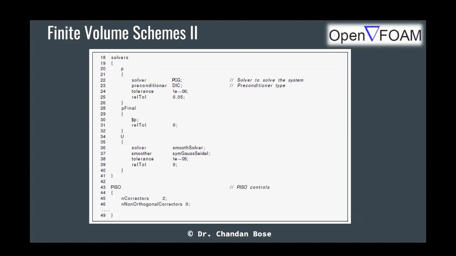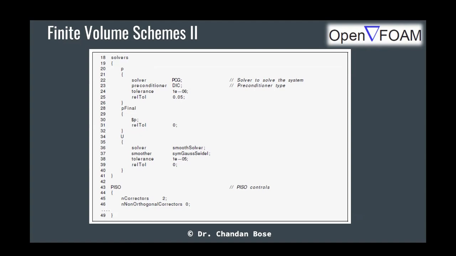And then you can mention the absolute tolerance and the relative tolerance to which these iterative solvers will keep on solving the equation to reach the threshold. And you have to assign those solvers for all the state variables, right? Pressure, velocity, et cetera.